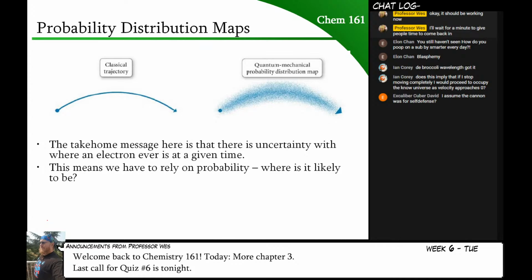So, what's the takeaway from all this? Well, if you remember at the very start of the lecture where I talked about classical trajectory versus quantum mechanics trajectory, if I'm measuring something in classical mechanics, I have almost no error. The error is going to be very, very small relative to the object, and so my path is very predictable.